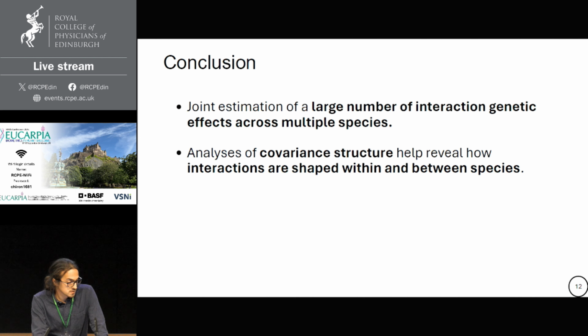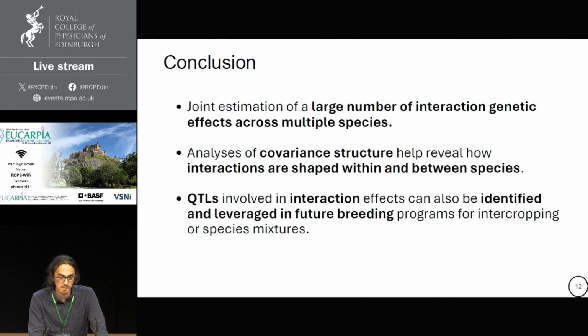The analysis of the covariance structure helps reveal how interactions are shaped within and between species in the same environment. And also, we can identify future breeding QTLs that can be used for intercropping and varietal mixture.